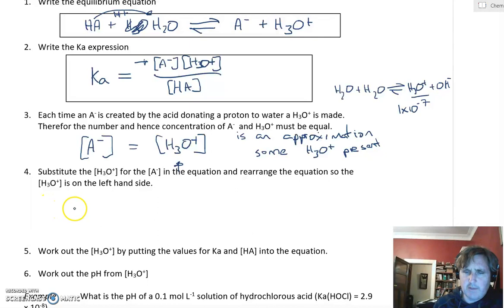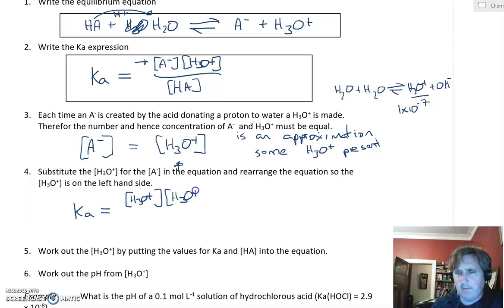So we can now rewrite our expression: Ka equals H3O plus times H3O plus, because the instance we had of A minus has been replaced by an H3O plus since they have about the same concentration. This is quite good because it reduces the number of variables in this equation. There are now 3 variables where we did have 4.